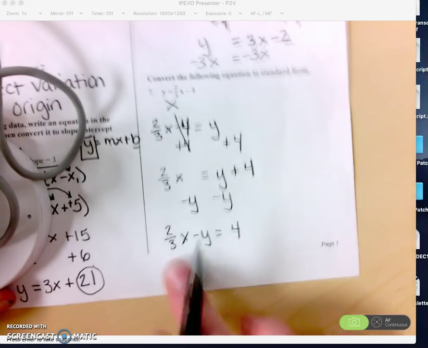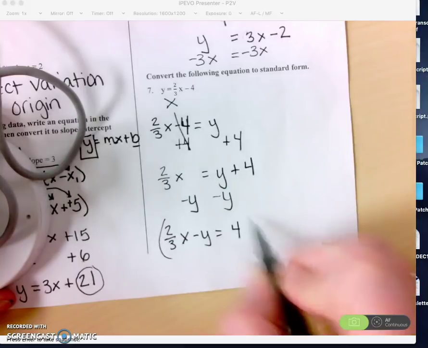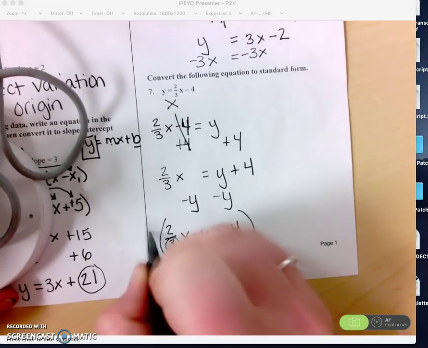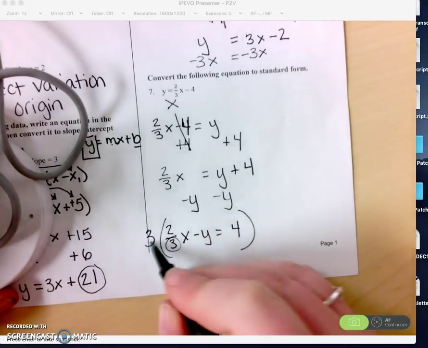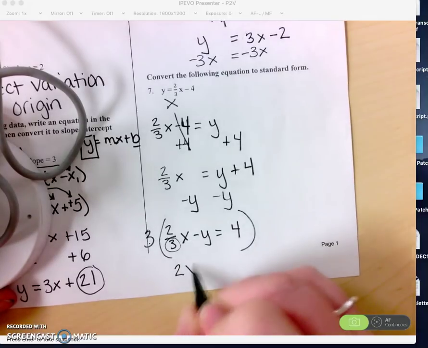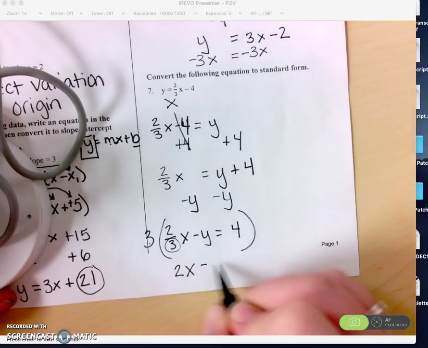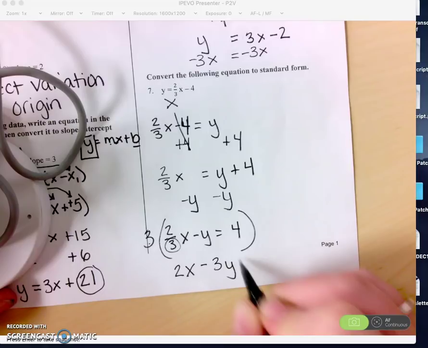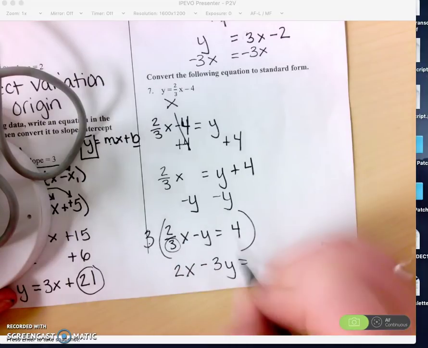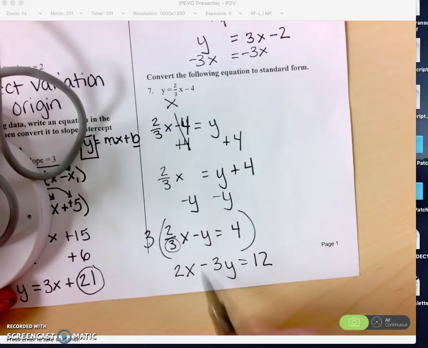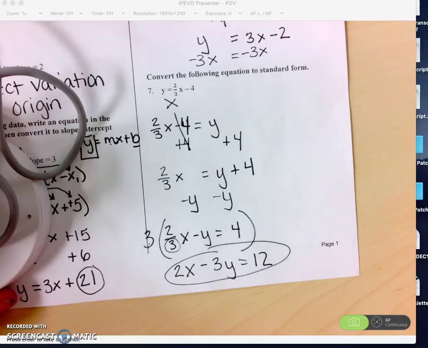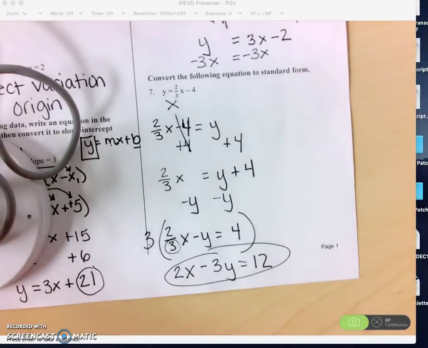Remember, I do not want fractions, so I need to multiply everything by the denominator, so by 3. So 3 times 2/3 is just 2x. 3 times a negative y is just minus 3y. And 3 times 4 is 12. So here is my simplified standard form. Okay, I'm going to do another video with the back side.